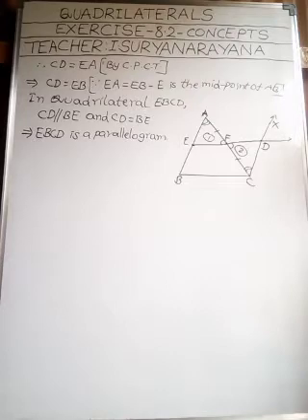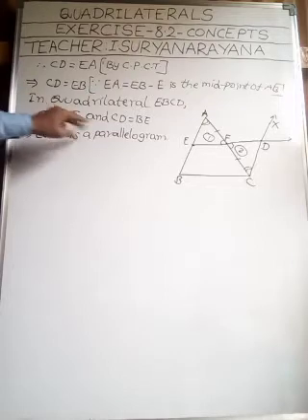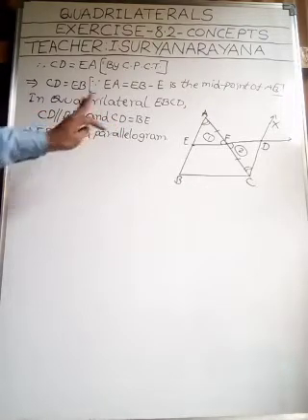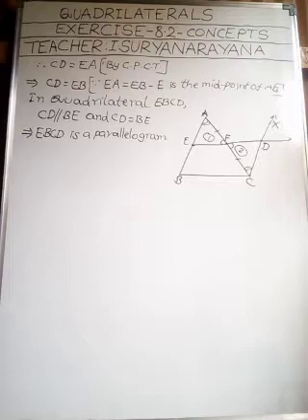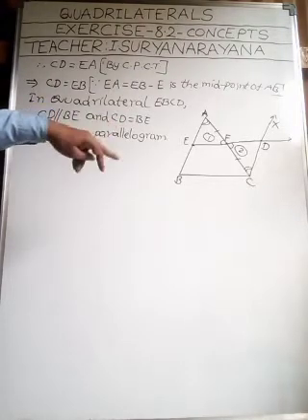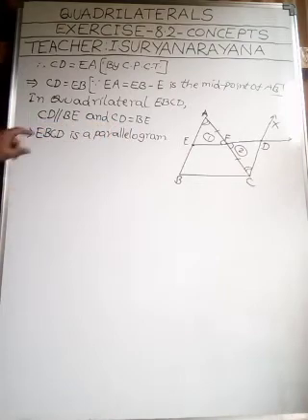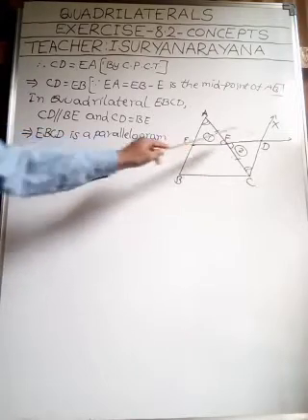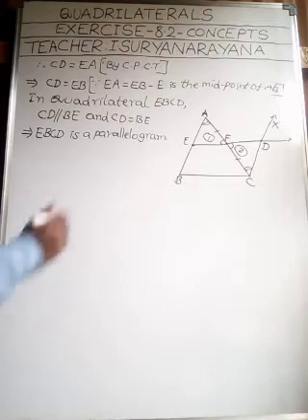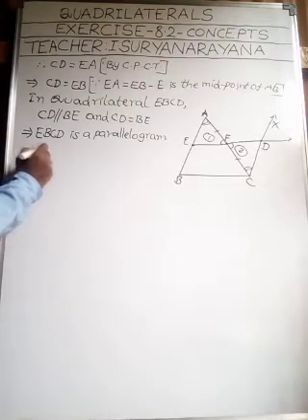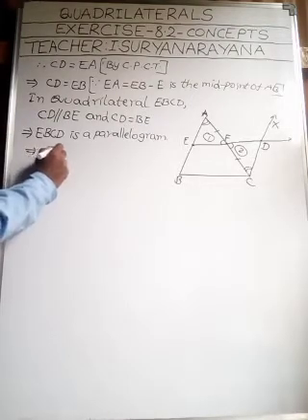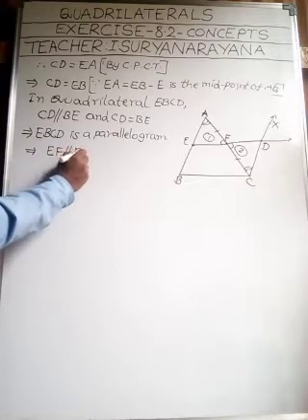In a quadrilateral, if any one pair of opposite sides is parallel and equal, then automatically the quadrilateral is a parallelogram. Okay, my children. Then ED is parallel to BC. Isn't it or not, my children? This implies ED or EF is parallel to BC.